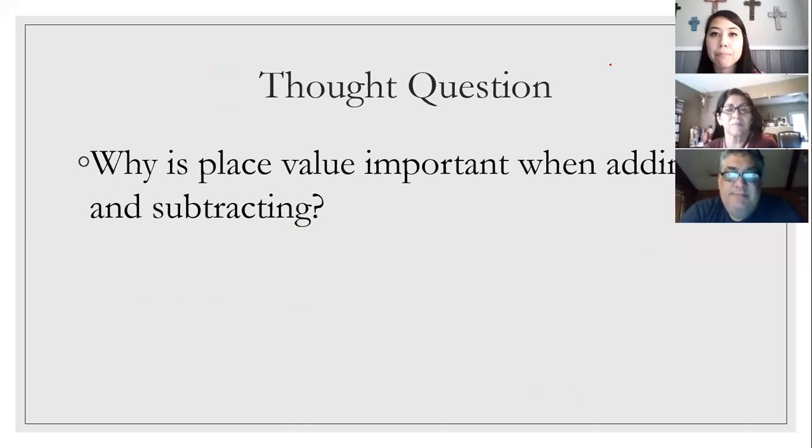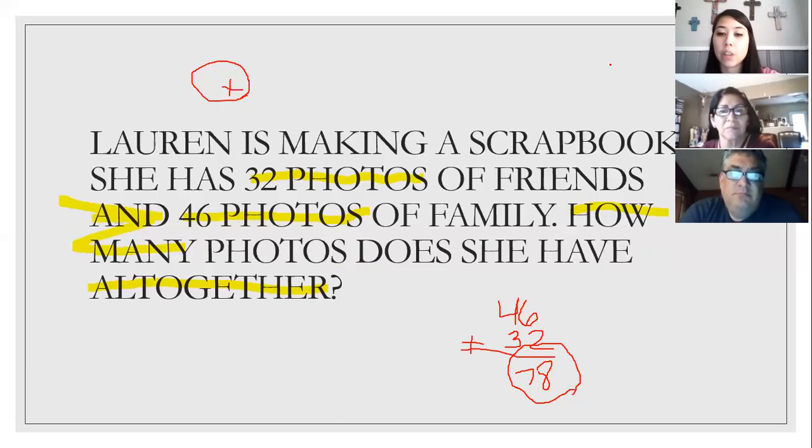In this question here, we got super lucky because we didn't have to put anything in the next place value. We didn't have to carry. You have to know the value of each place value. You have to know this is 78 photos, not 7 photos and 8 photos, it's 78 total photos. So that's one of the reasons why it's important.